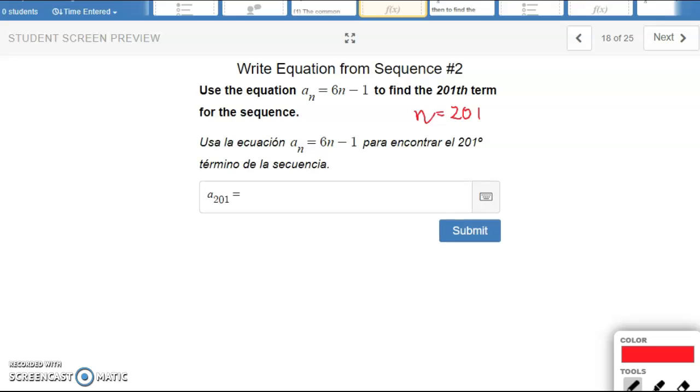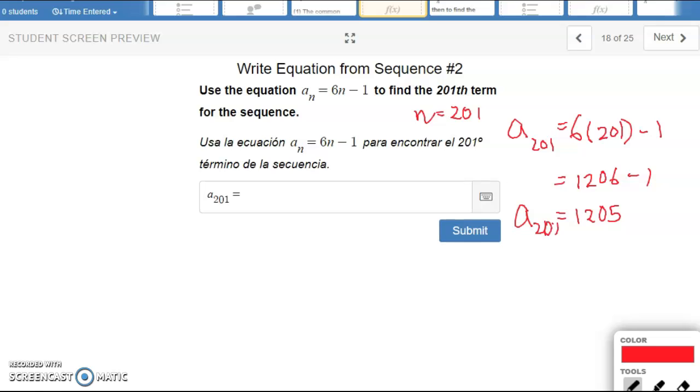So A sub 201, or the 201st term, is 6 times 201, instead of n, minus 1. And I know that 6 times 201 is 1,206, minus 1. So that's going to be 1,205. So A sub 201 is 1,205.